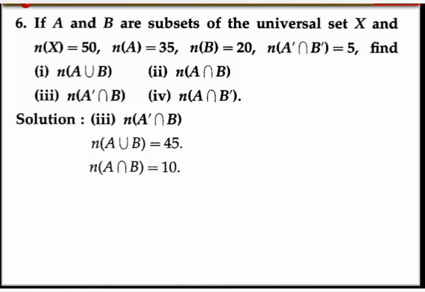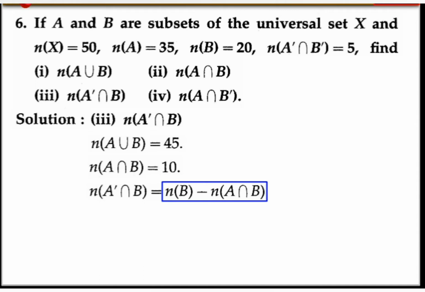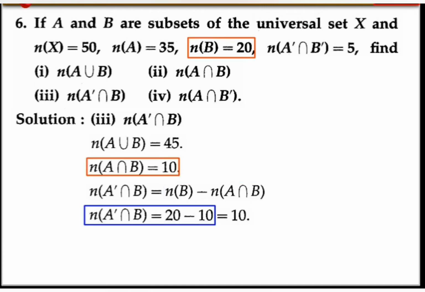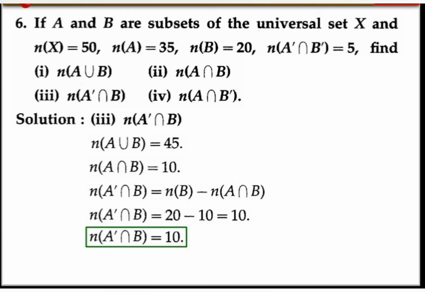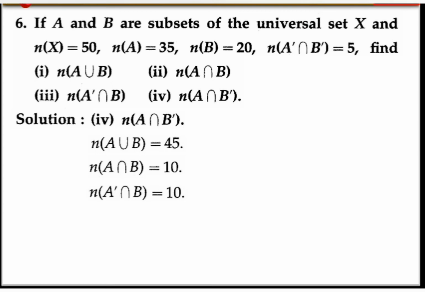Number 3. Number of elements in A complement intersection B. Now the number of elements in A complement intersection B is equal to the number of elements in B minus the number of elements in A intersection B. So it is 20 minus 10, that is 10. Number 4.